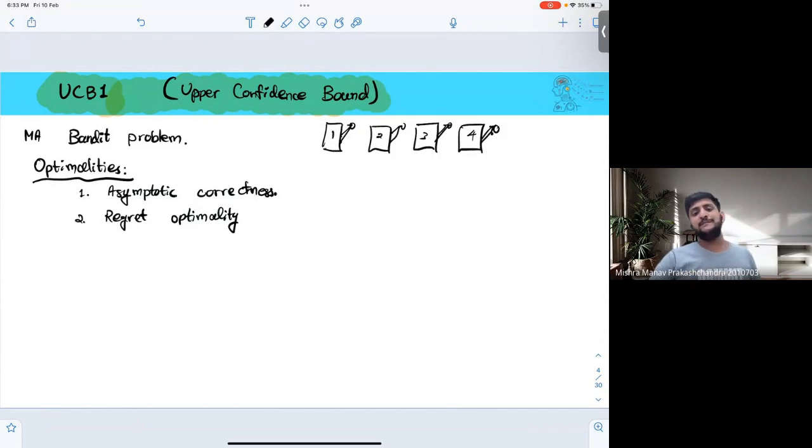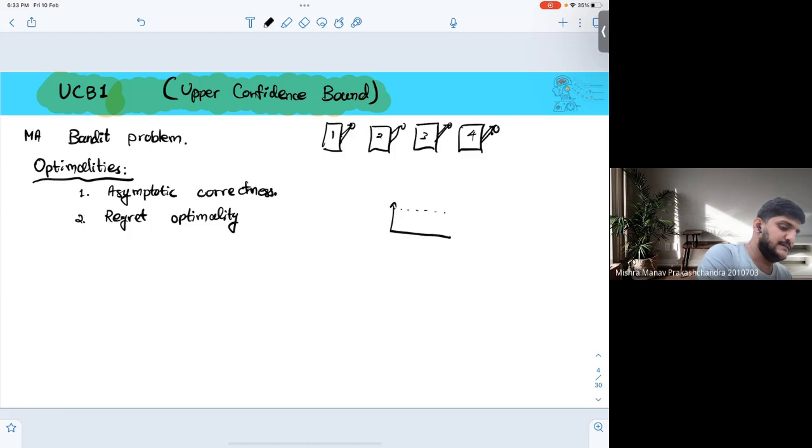So I'm trying to optimize so as to minimize the time taken to reach the correct solution, or minimize the regret. So if I plot it, if this dotted line is my Q star A star, this is the true solution. And with time, I do some number of arm pulling and I eventually reach that point.